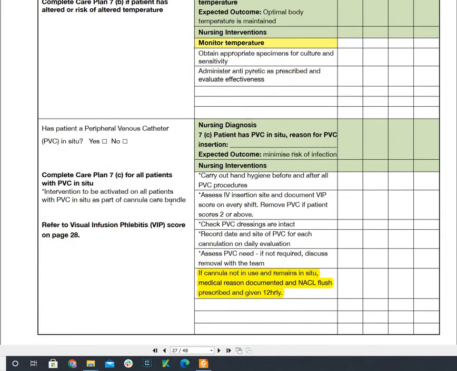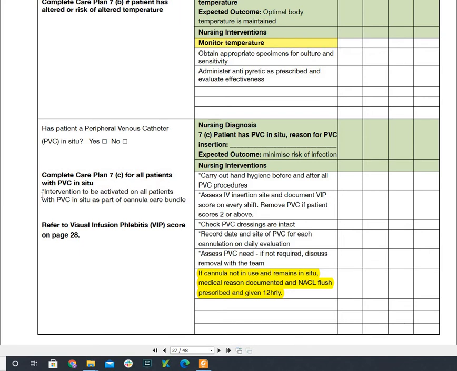Moving down along then, this is our catheter care bundle. So it's really important that this is completed if your patient has a catheter, because it is your catheter care bundle. Has patient a peripheral venous catheter, PVC, in situ? So tick either yes or no. Complete Care Plan 7C for all patients with PVC in situ.